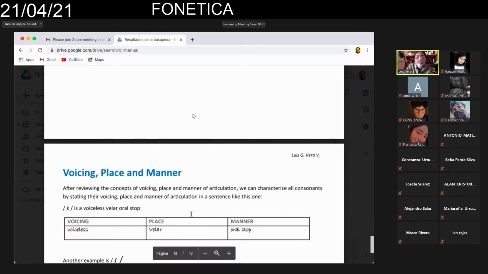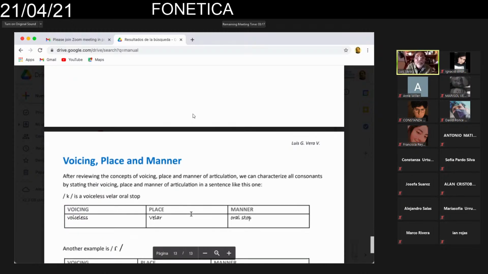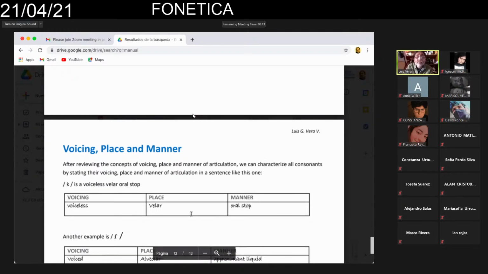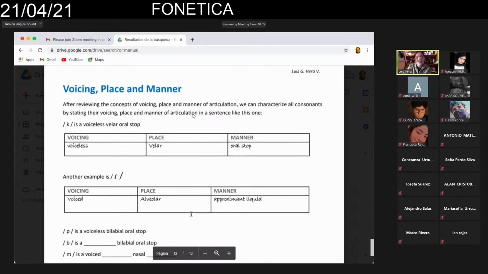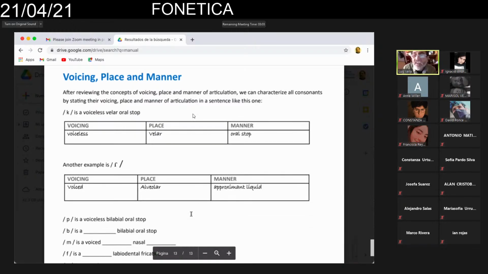Voicing, place, and manner. After reviewing the concepts of voicing, place, and manner of articulation, we can characterize all consonants by stating their voicing, place, and manner of articulation in a sentence like this. Look at this. We have the example k, which is a voiceless velar oral stop. We say voicing, place, and manner.